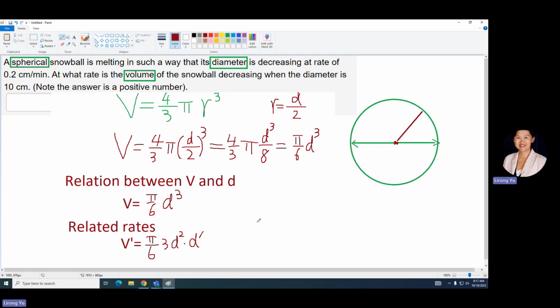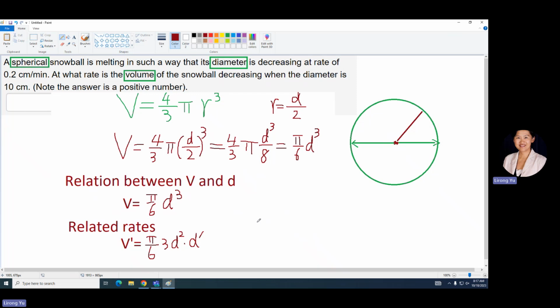All right, now here we apply something that we did in implicit differentiation. d is a function of time, so d itself is not an independent variable. In all our discussion of rates, the independent variable is t.